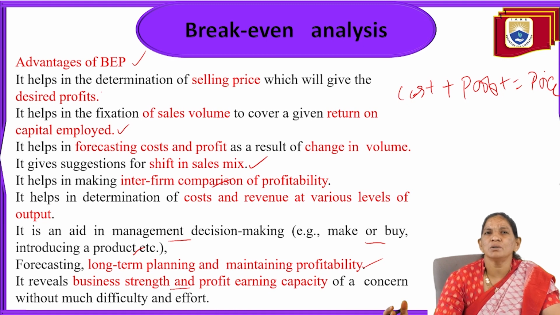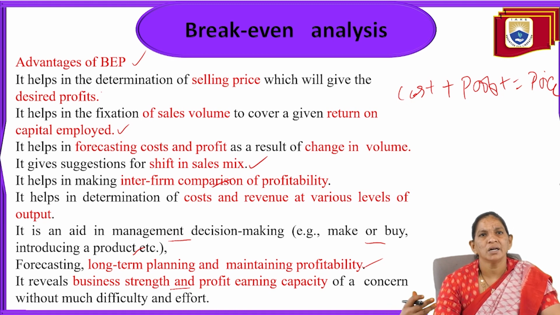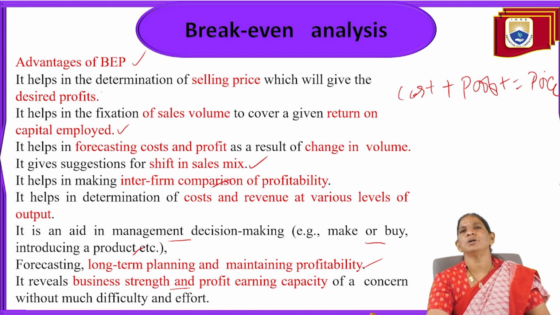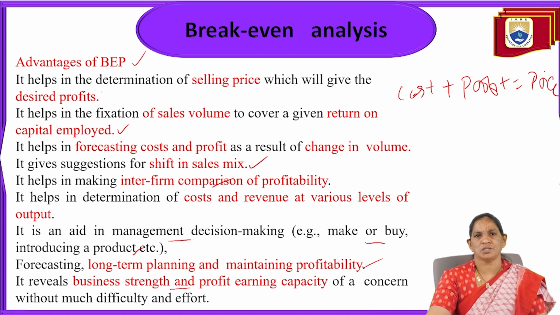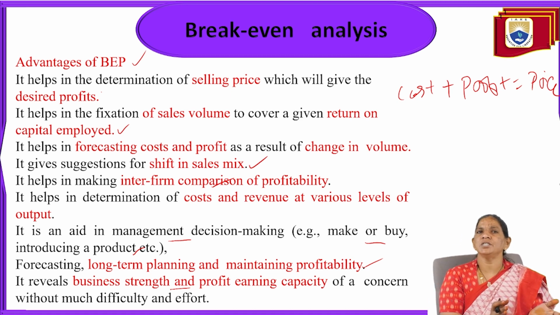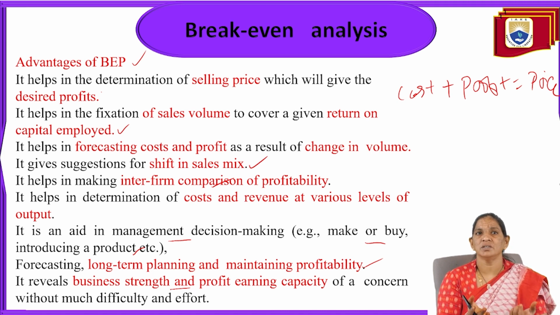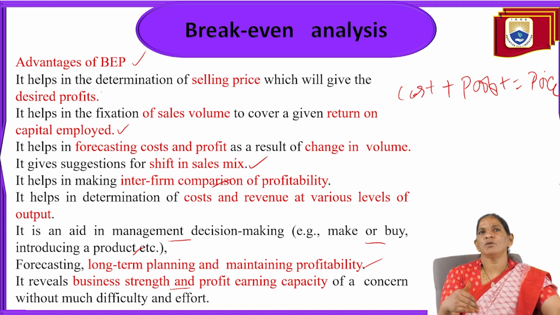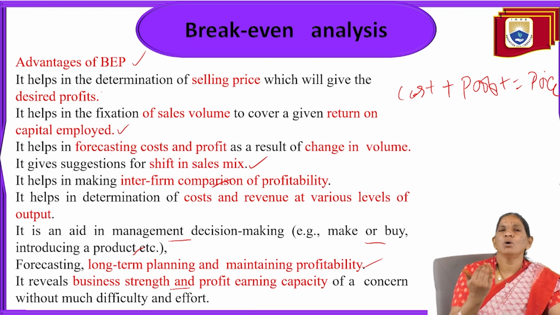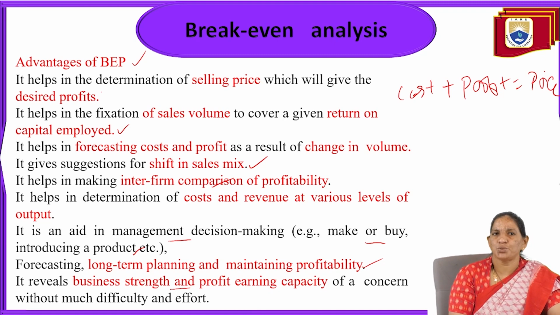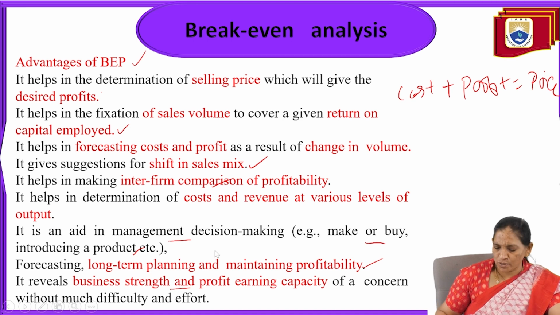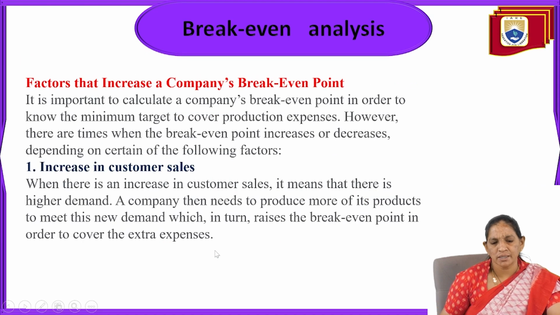Competitors are always there to attack us, and government pricing policies are changing. So in this changing external environment, when I know my organizational strengths and profit-earning capacity, then if any unforeseen difficulties come, the organization can be sustained. So with this, we have some advantages.